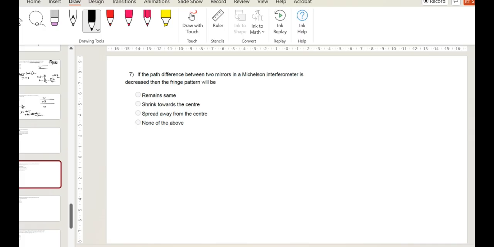We are assuming that these are equal inclination fringes. We have seen in Newton's ring also that if the path difference between the two mirrors is decreased, then the fringes shrink towards the center. So reducing the optical path difference reduces the allowed fringe order.